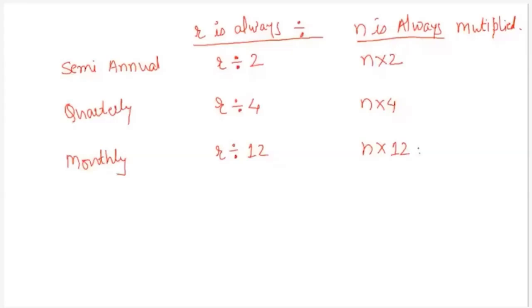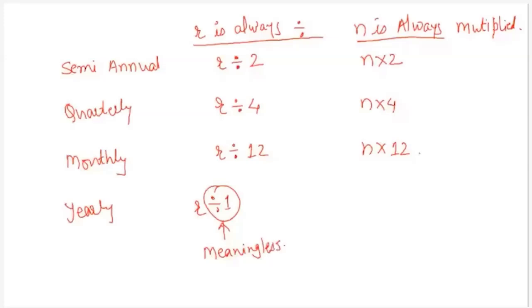Okay, और सर ईयरली रहेगा तो कुछ नहीं करना है. In yearly, R will be divided by 1, but dividing by 1 is meaningless. किसी को भी 1 से डिवाइड करना meaningless होता है.